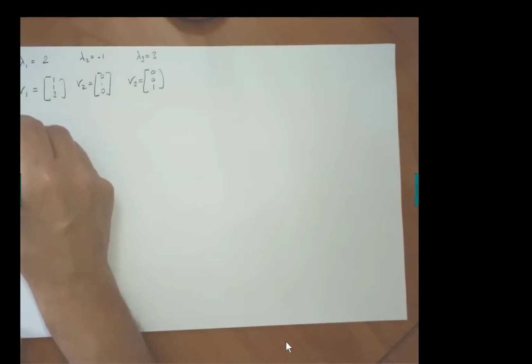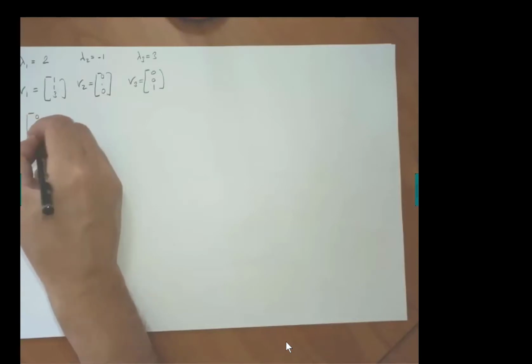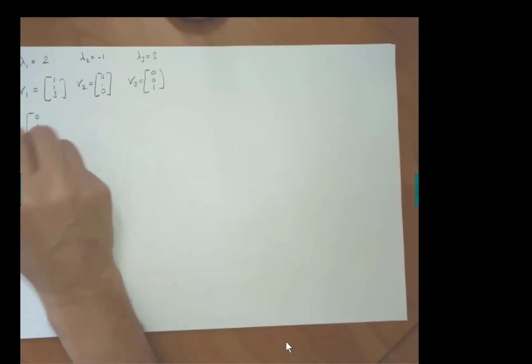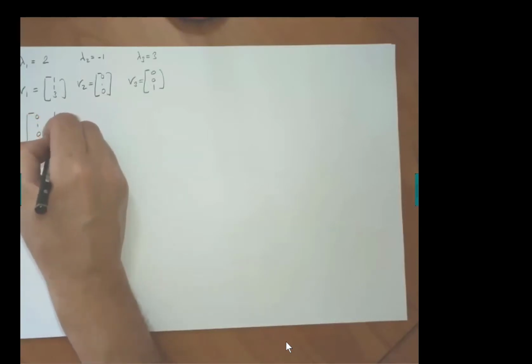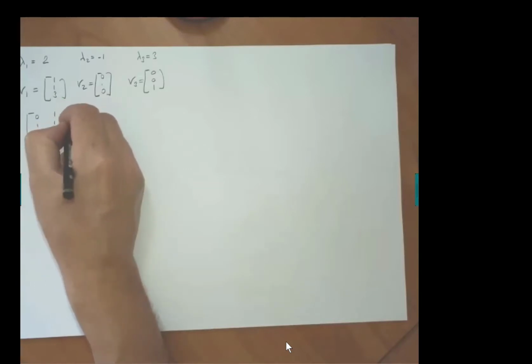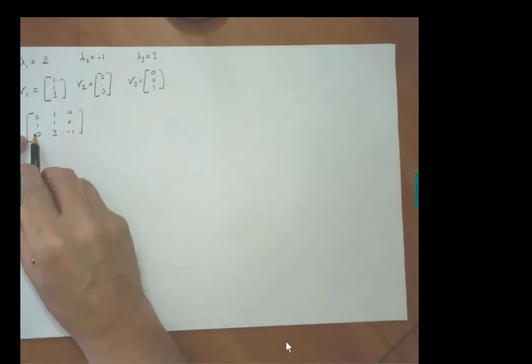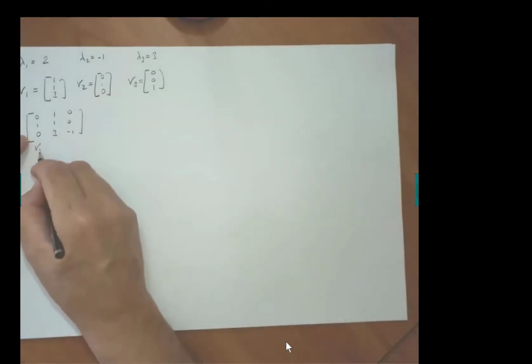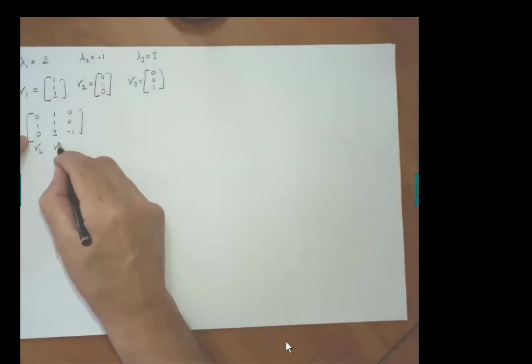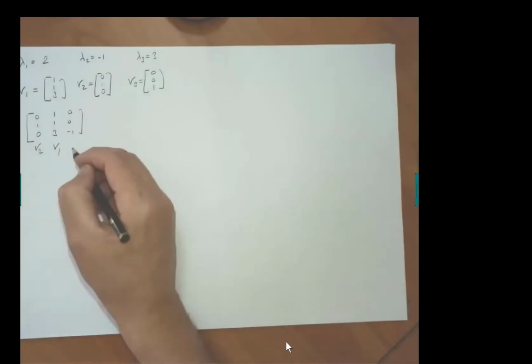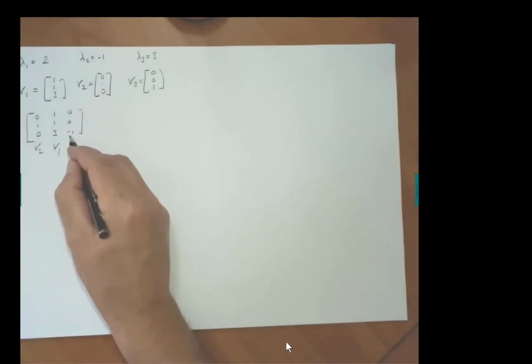Okay, so now I have on my list 3 different versions of P. So the first version of P is 0, 1, 0, 1, 1, 3, 0, 0, -1. This is V2, this is V1, and that's, really, why would I take 1?